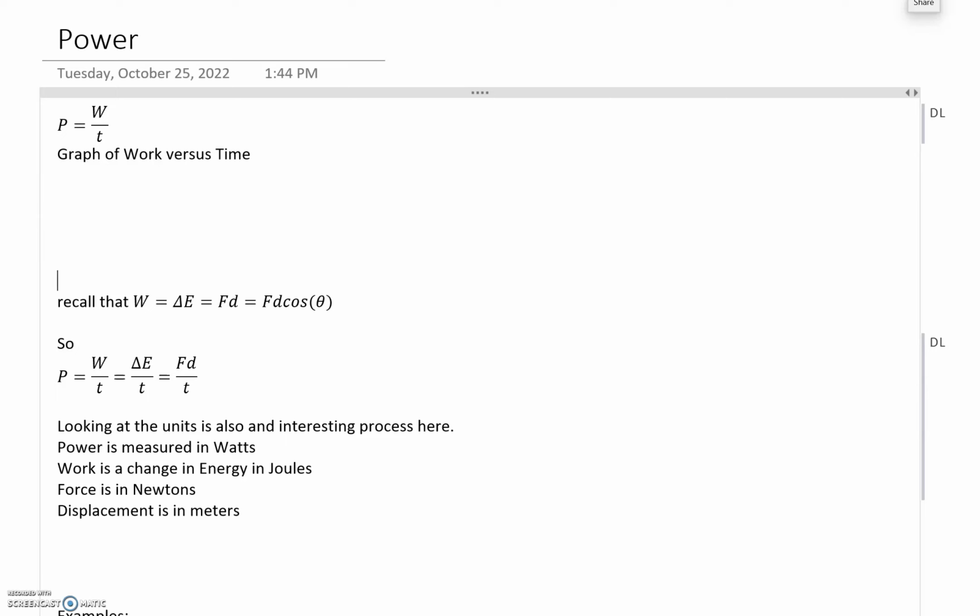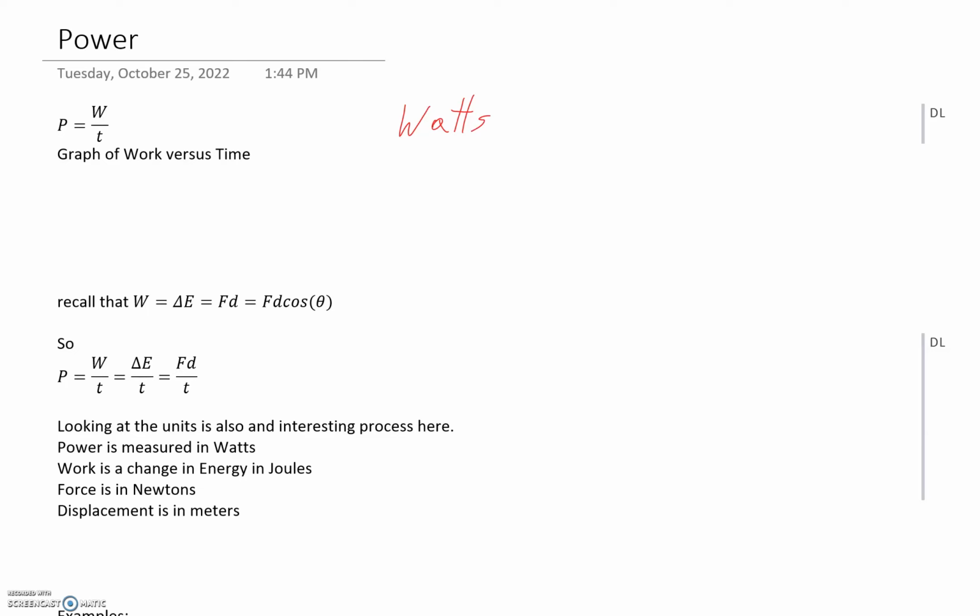Power is measured in a unit called watts, and you've probably heard of watts before because people talk about power bricks or wall warts, which are used to charge your phone or your laptop, and those have a certain number of watts that they are able to pull from the wall.